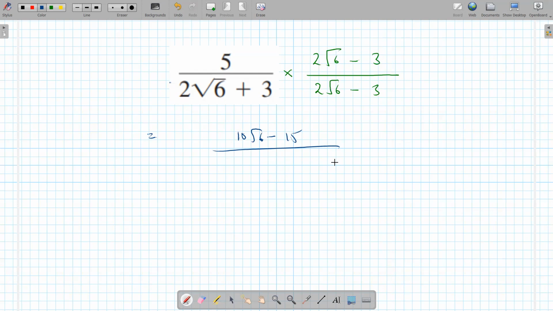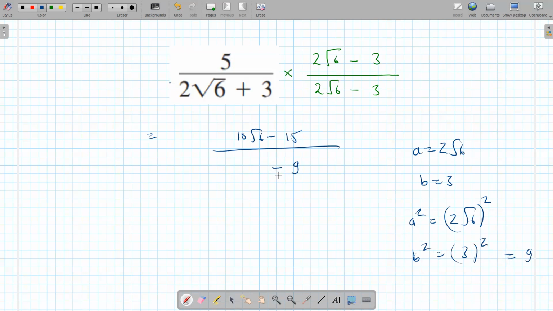So again, you just want to use a squared minus b squared. Look at this. If I told you a was 2 root 6, b here is 3, what's a squared? It's going to be 2 root 6 squared. B squared is going to be 3 squared. So b squared is a 9.